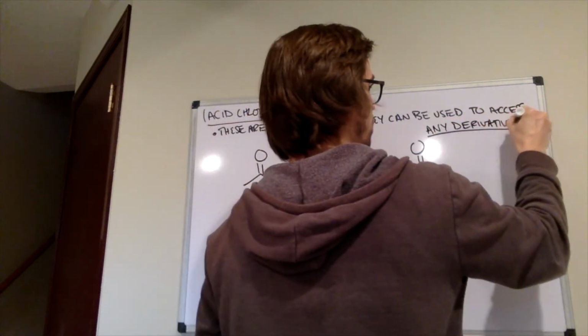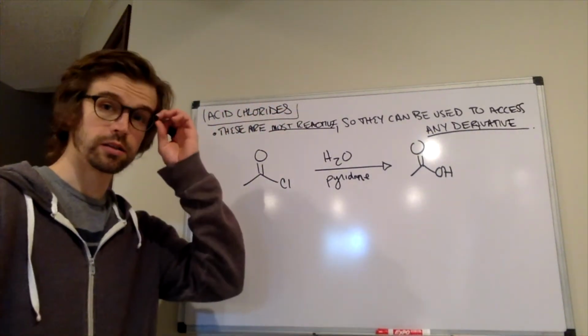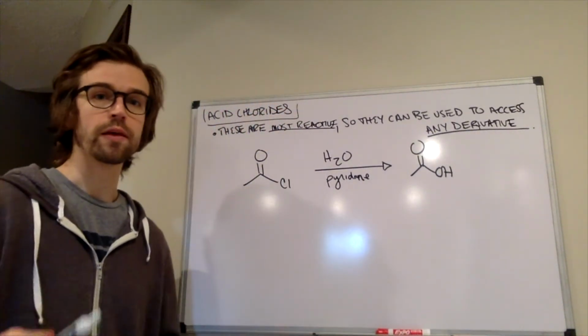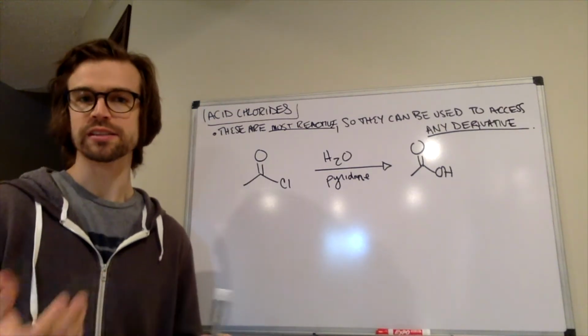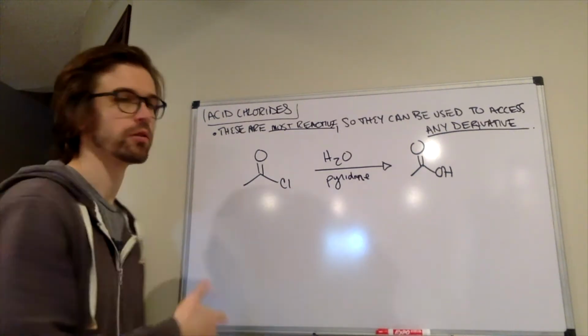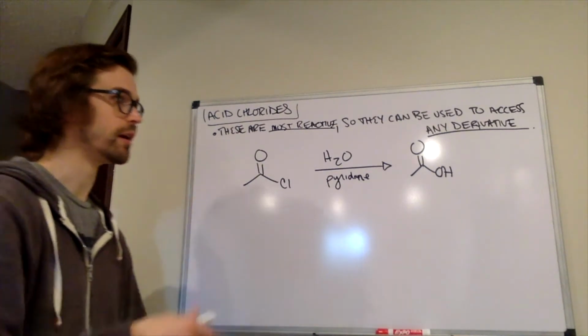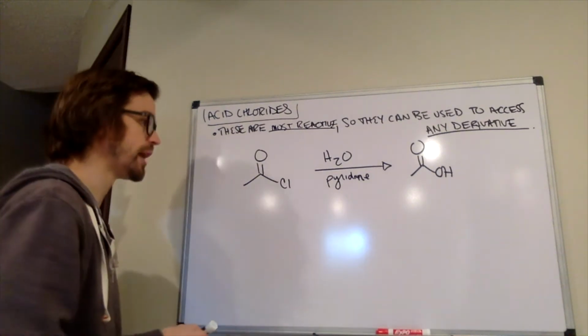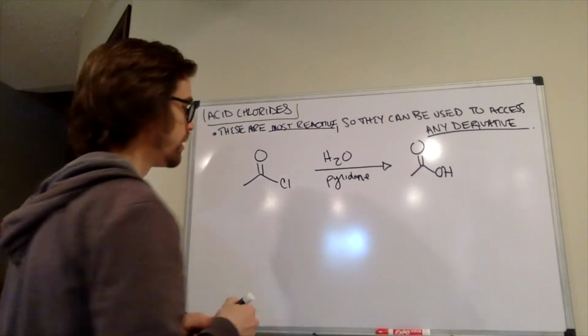So we're going to talk now a little bit about the mechanism of how these work and why they work the way they do. And again, we should be trying to reason out the steps of this mechanism instead of just memorizing, oh, acid chlorides are the most reactive, they just make anything else. So first step in this reaction mechanism, we have a big partial positive right there.